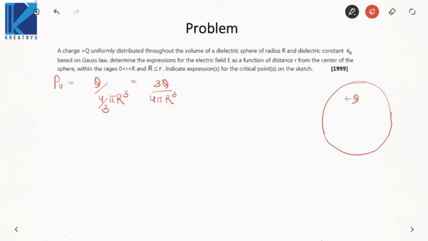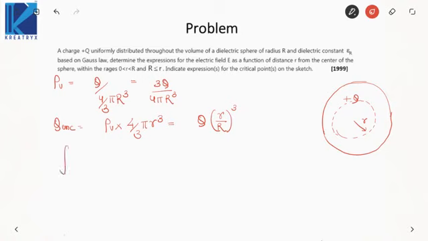Now when you take a Gaussian surface with a radius r that lies inside the sphere, what is the charge enclosed inside the Gaussian surface? The charge enclosed is charge density into volume of Gaussian surface. So it will be Q into r cube by capital R cube. That is the charge enclosed.